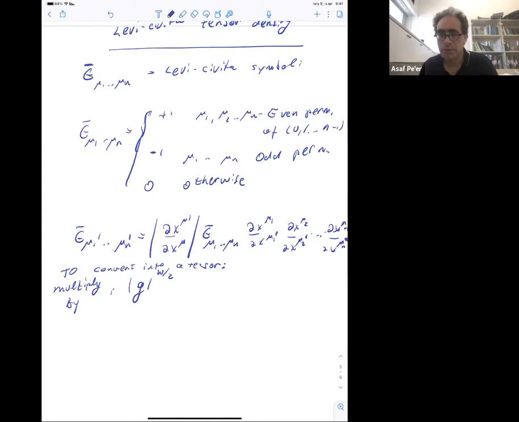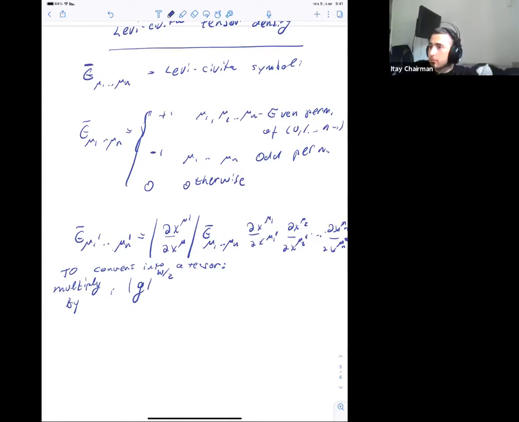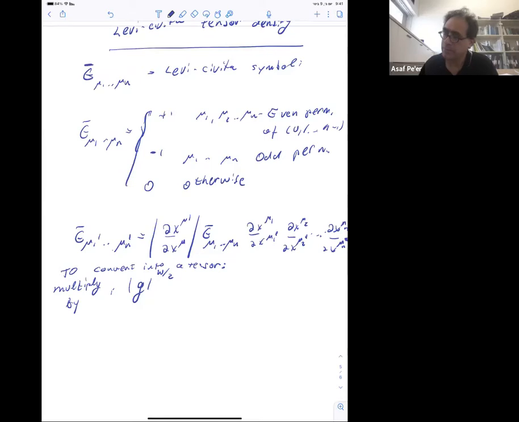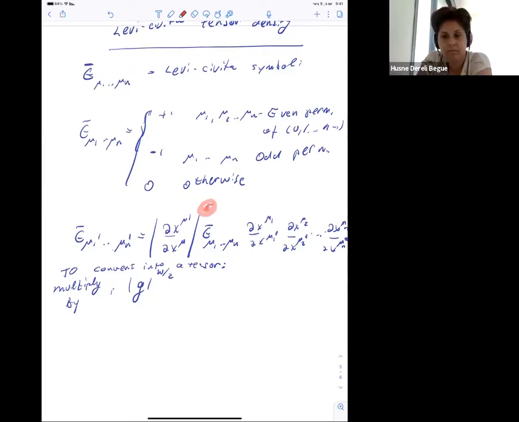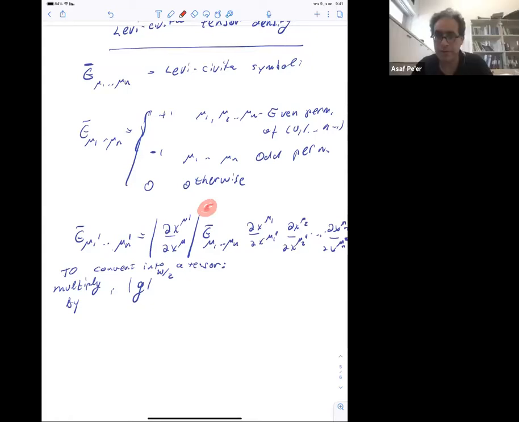It's the power, no. What did I say is the weight? The weight is 1, right? It's the power in the determinant. It's just determinant to the power 1, so the weight is 1. So we have to multiply by the square root of the determinant of G.